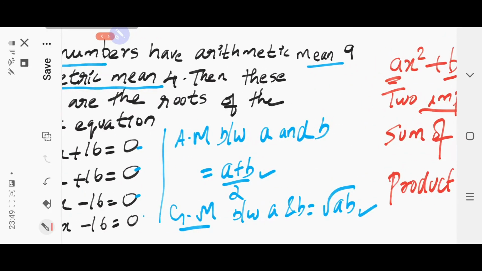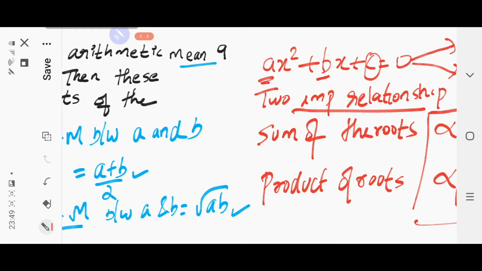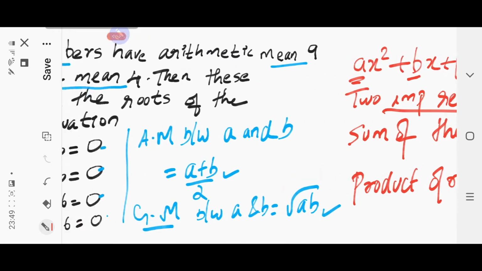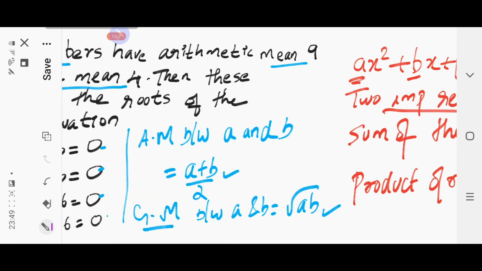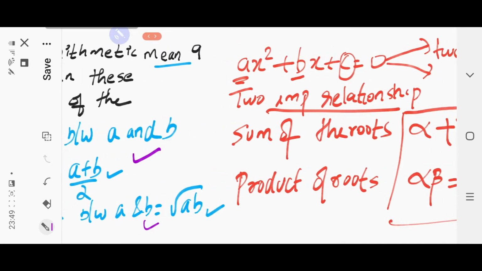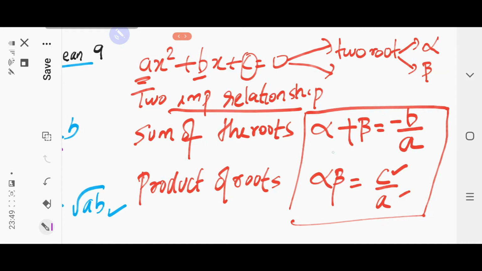This is another important thing to be studied. In order to do this question, these things should be understood. Otherwise, you can't do it. First thing is that you have to know what is arithmetic mean and geometric mean. Second, when you write a quadratic equation, you get two important relationships: alpha plus beta is minus b by a, and alpha beta is equal to c by a.